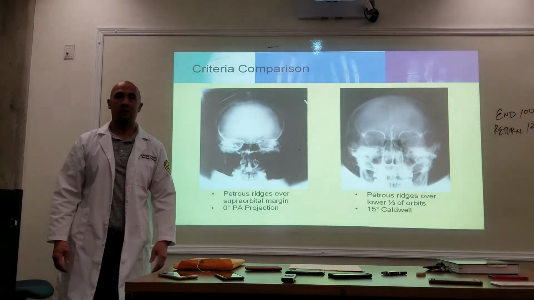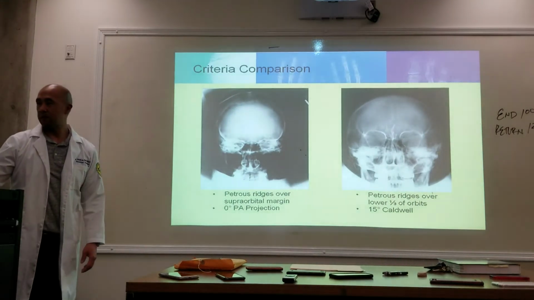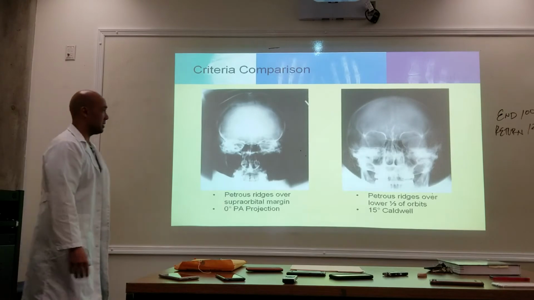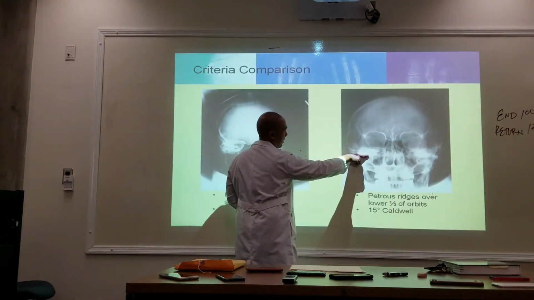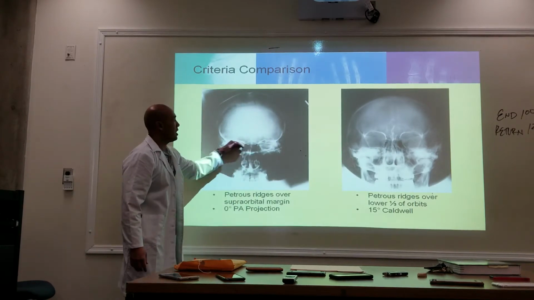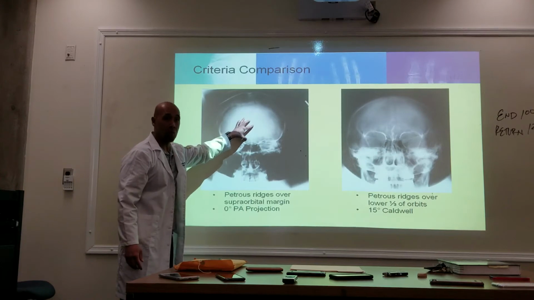So you mean it goes to the top, like on the image? Yeah, let me go back. When you do the 0 degrees, this is up here now. It's going to fill up the orbits. The reason you would do this is that it puts the frontal bone in better profile.